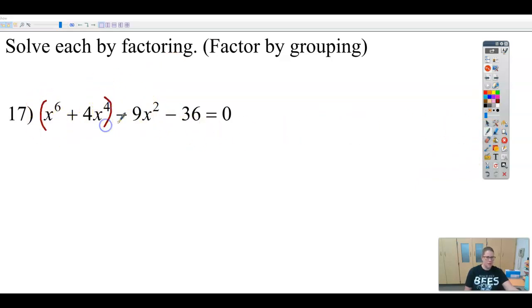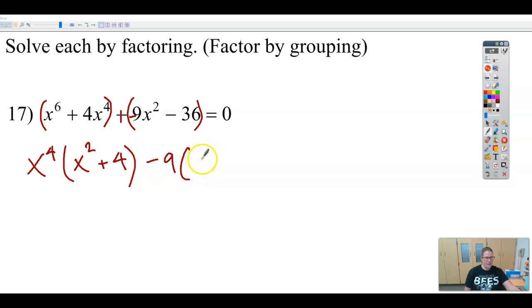So I'm going to group the first 2. I'm going to group the last 2. Since it's negative between, I'm going to pull that negative in. If it were positive between, I wouldn't have to worry. I could just put the parentheses there and leave the positive in the middle. On these first 2 terms, again, I've got x to the 4th that I'm pulling, which would leave x squared plus 4. Here I'm going to pull out -9.